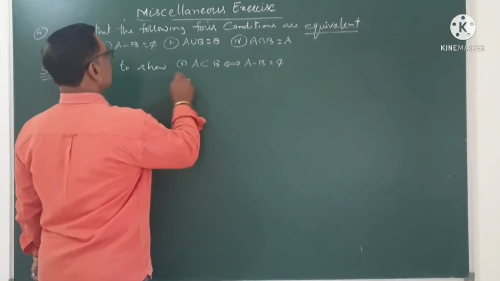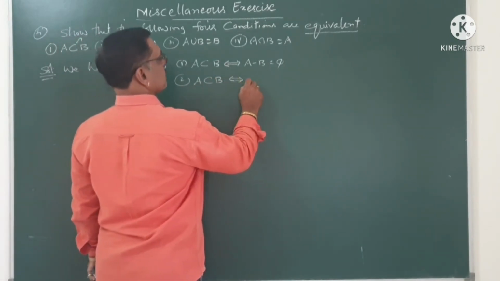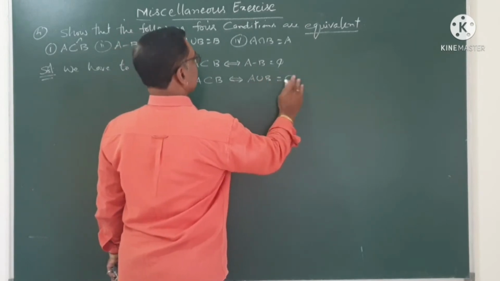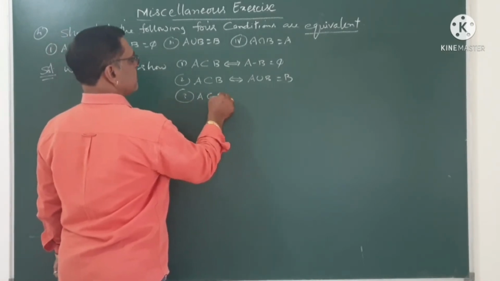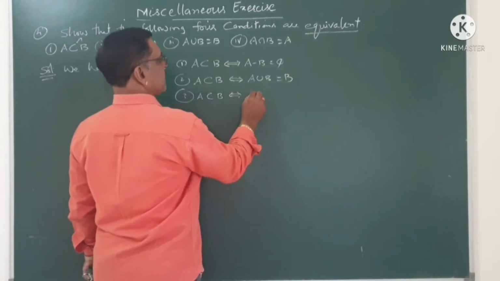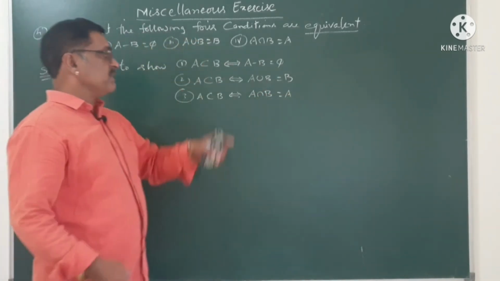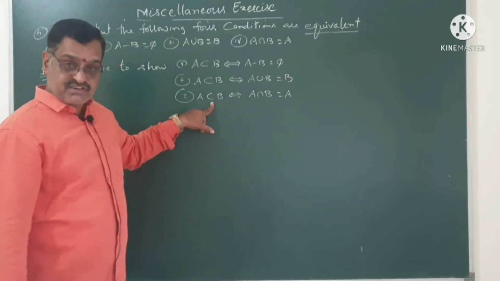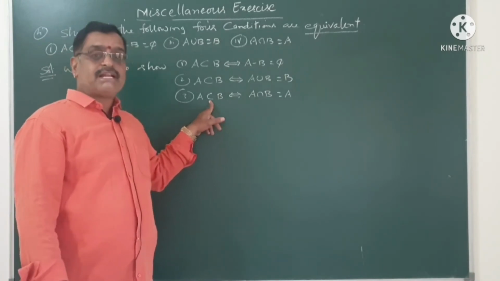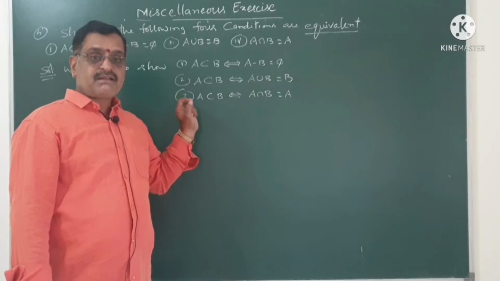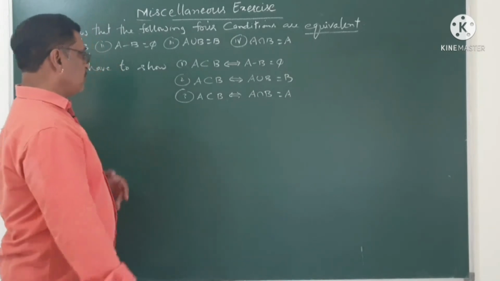Number two, A is subset of B implies and is implied by A union B is equal to B. Number three, A is subset of B implies and is implied by A intersection B is equal to A. Equivalent means these three biconditional statements are equivalent with respect to their truth values. Please try to understand, they are equivalent with respect to their truth values. So one by one we go.